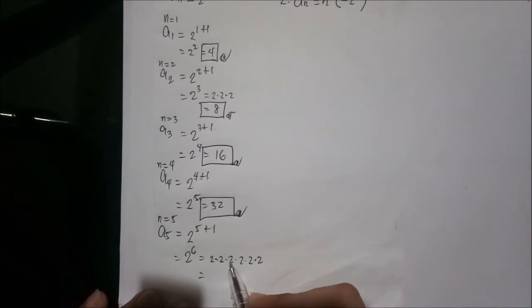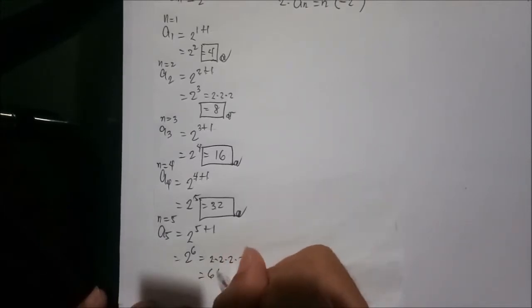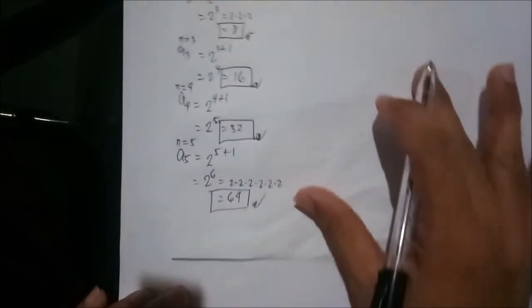So count 1, 2, 3, 4, 5, 6. Why is it 6? It's because the 2 has the power of 6. So now 2 times 2, 4. 4 times 2, 8. 8 times 2, 16. 16 times 2, 32. 32 times 2 equals 64. So the fifth term is 64.